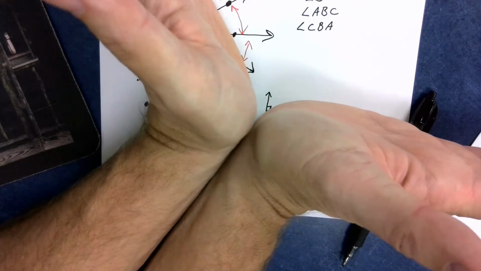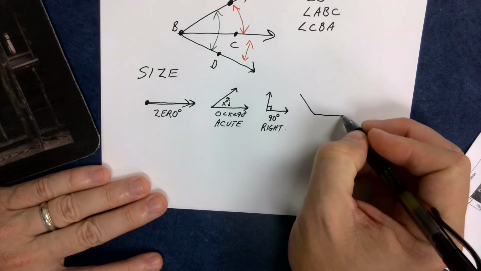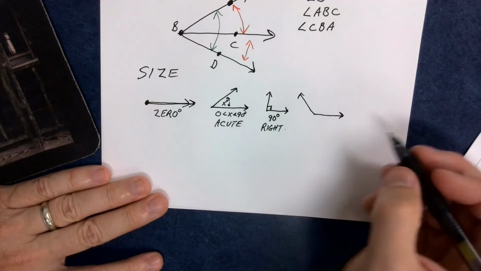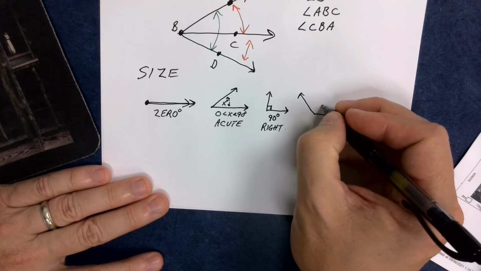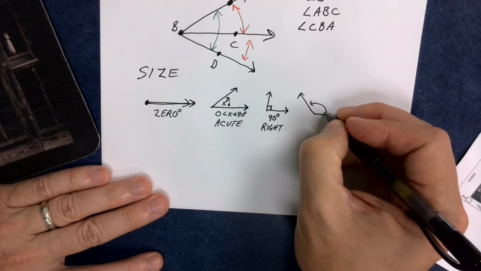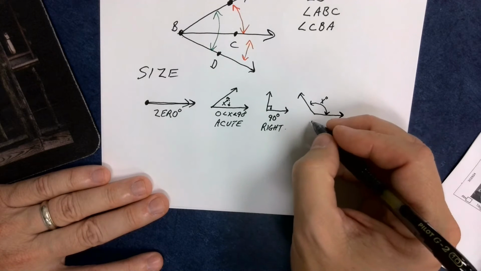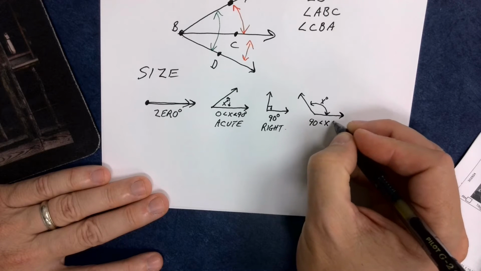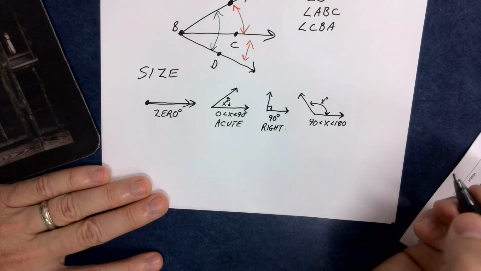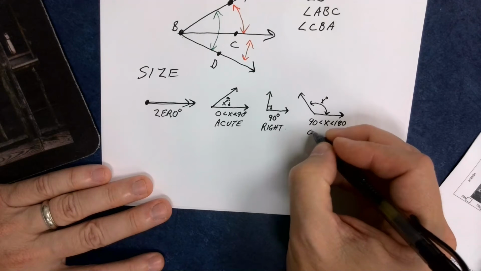I go further than a right angle, and that looks like this. It's open more. So that opening right here, we'll call that X degrees also. We'll just represent it as X again. So 90 is less than X is less than 180 degrees, because 180 degrees is all the way open. That's called obtuse.